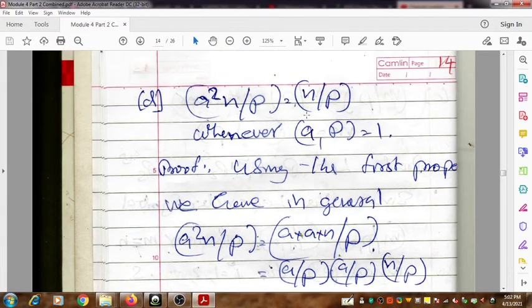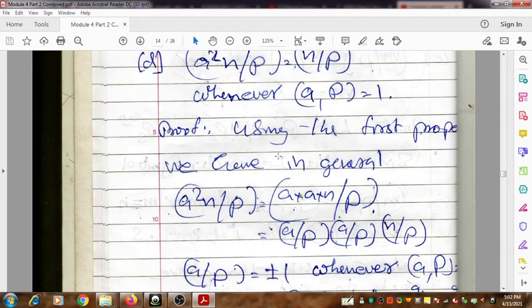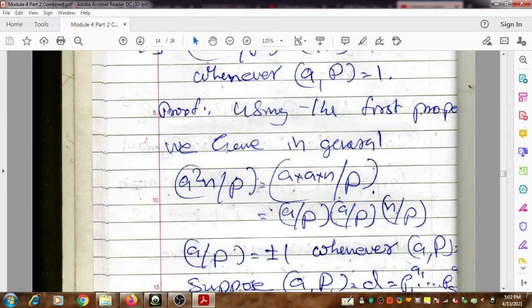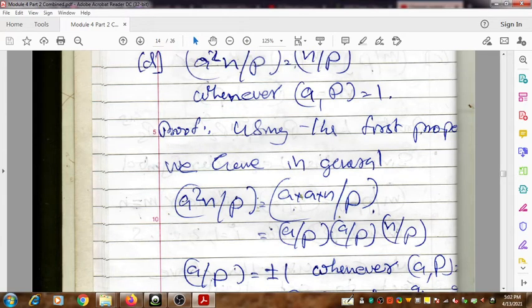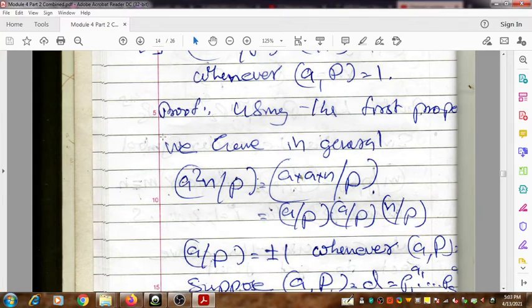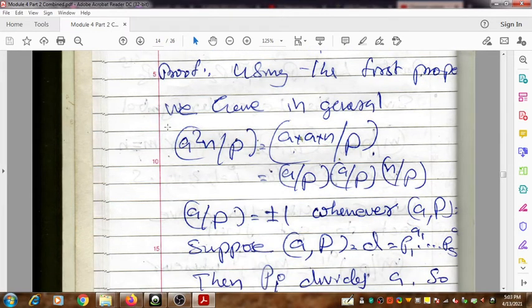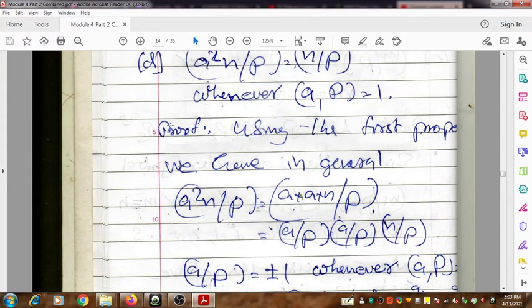So this is true only when the GCD of a and p equals 1. Using the first property, we have in general (a squared n / p). You should recall the first property.